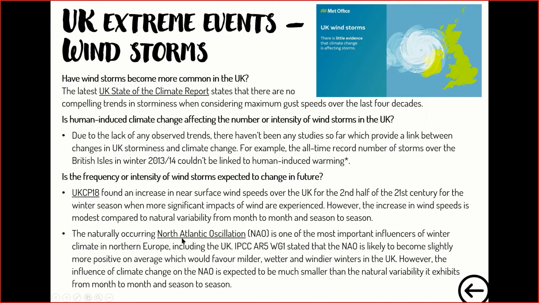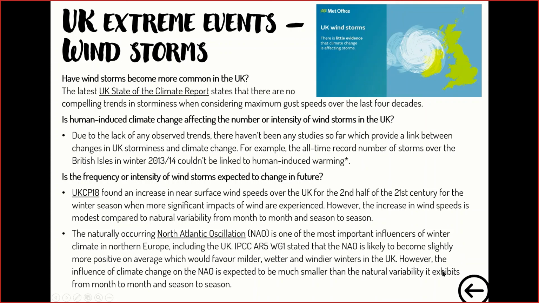And that's because the North Atlantic Oscillation, the NAO, is one of the most important influences of winter climate across Northern Europe. And the Intergovernmental Panel on Climate Change does think that oscillation is becoming slightly changed, and that's going to favour milder, wetter, windier winters across the UK.